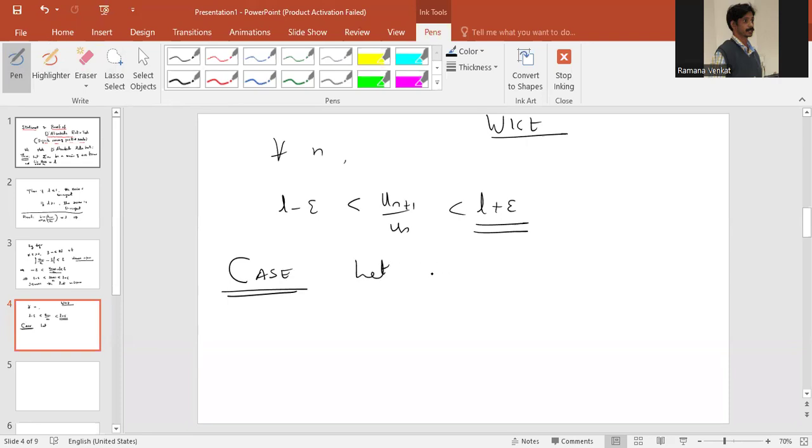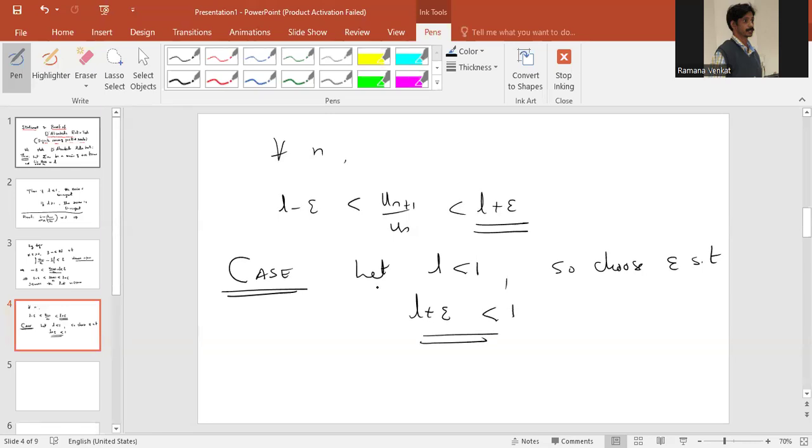Let L be less than 1. We know that L is less than 1. So choose epsilon such that L plus epsilon is still less than 1. Then we can give a new name to this.